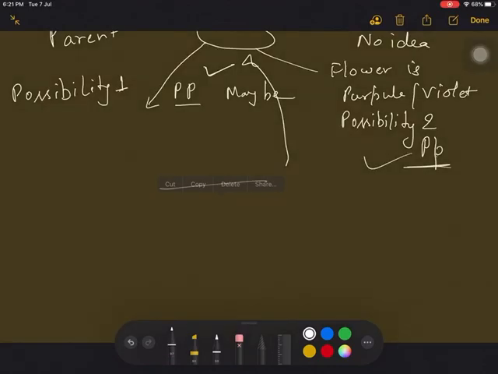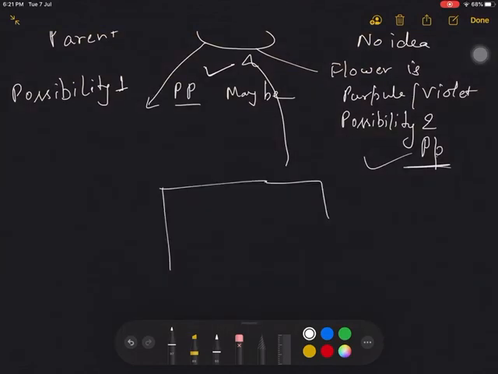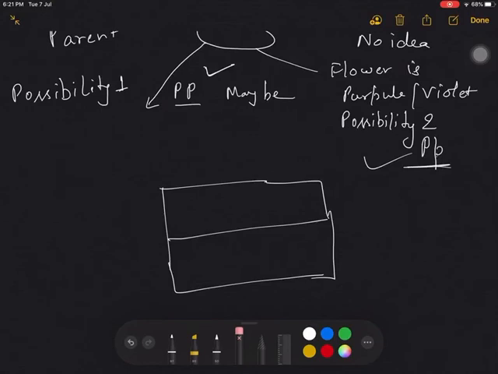So what we have to do, again we have to write gametes for this.